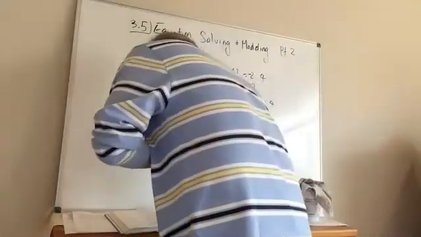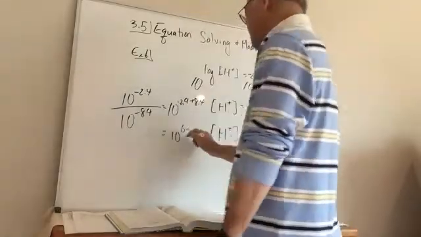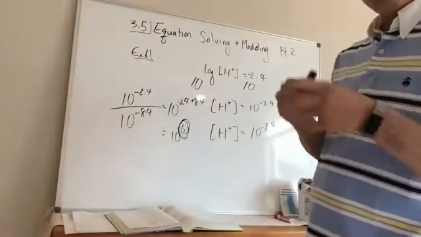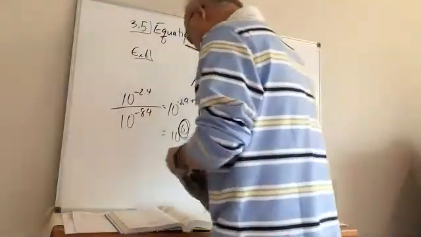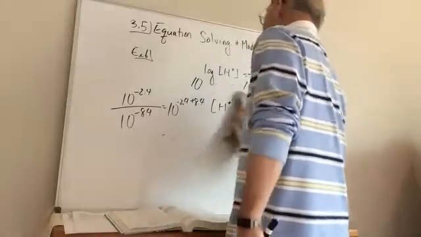So C, by how many orders of magnitude did the concentration differ? 6 orders of magnitude right there. It's 1,000,000 times more, right? All right, so that's example number 6.